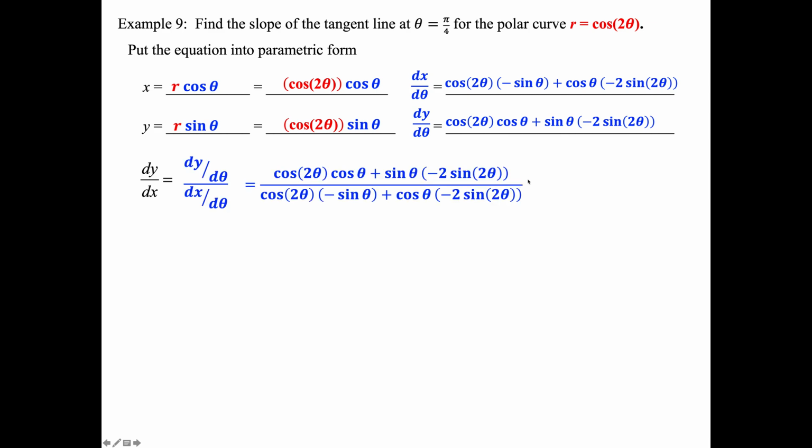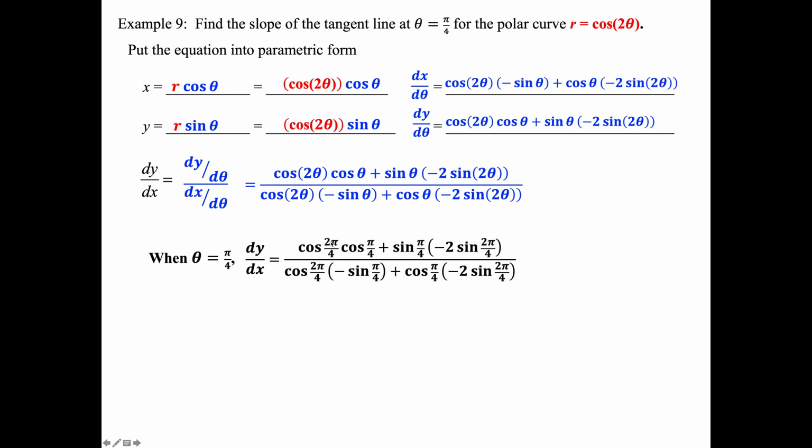Not much, again, can we do in terms of simplifying all that because your arguments are different inside your sines and cosines. So we're going to throw in our pi over 4. So wait a minute, cosine of 2 pi over 4, that's the same as pi over 2. So that's a 0, and this is a 0. Now, you don't have to crunch these out because they're going to give you zeros. I did, but it's not necessary.